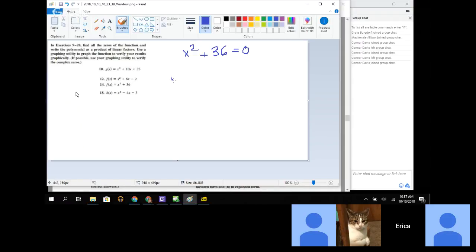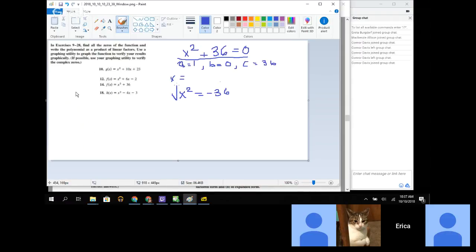We can do our quadratic equation, right? A equals 1, B equals 0, and C equals 36. So you could plug that in and figure out the equation. You could also say that x squared equals negative 36, right?